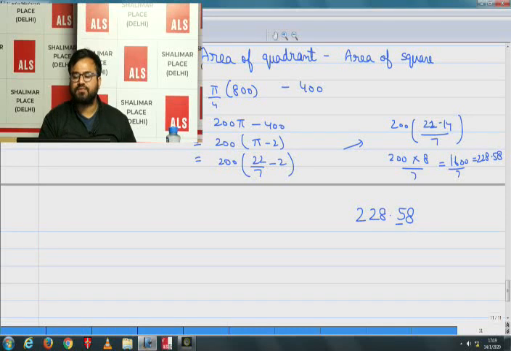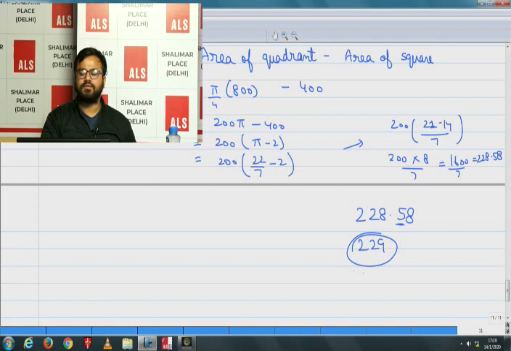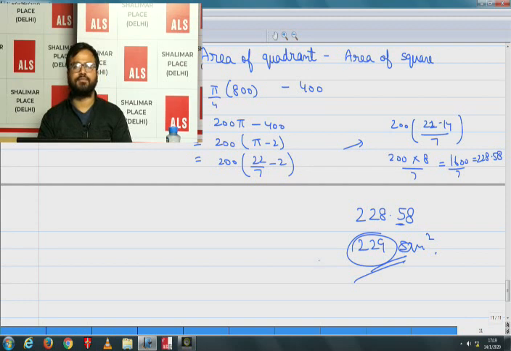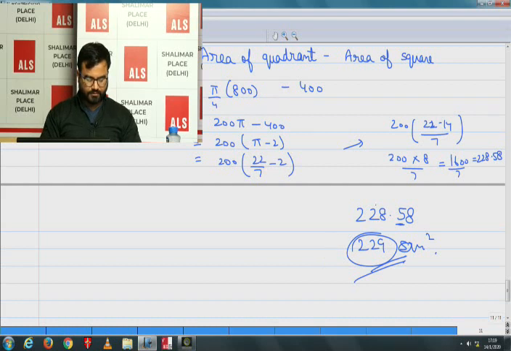Since it is 5 or greater than 5, when it is rounded off, this 228 will become 229 centimeter square. That is the correct answer. Is this clear to all of you?